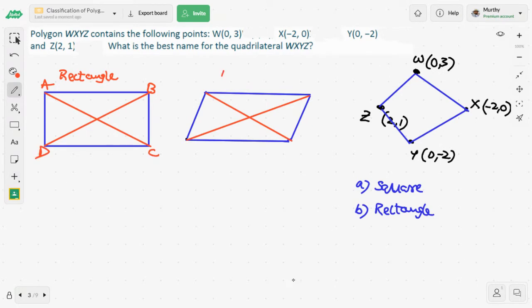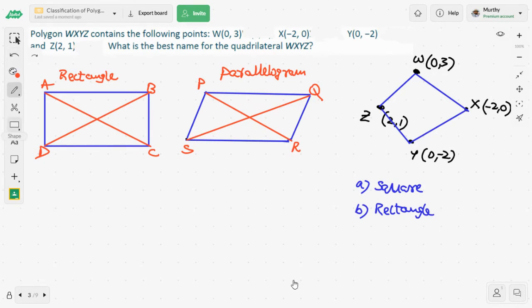And when it comes to a parallelogram, the similarity is opposite sides are equal, just like the rectangle. But when it comes to diagonals, look at the diagonals PR and QS. When you look at the length of PR and the length of QS, you see that the diagonals are unequal. That makes a difference, right?